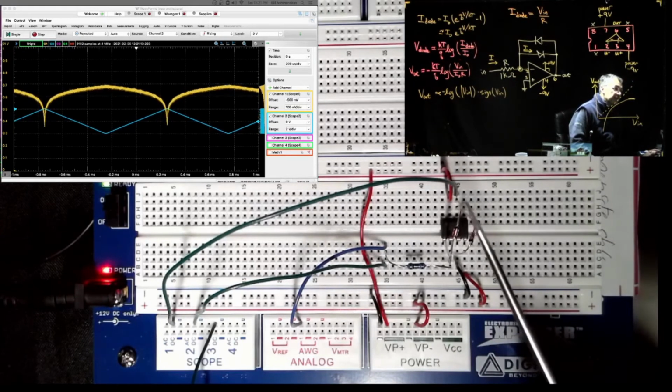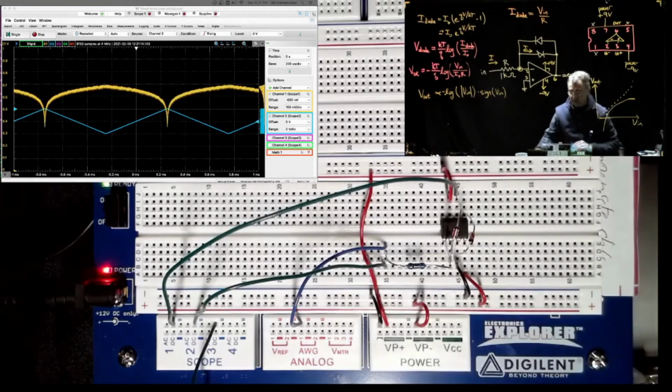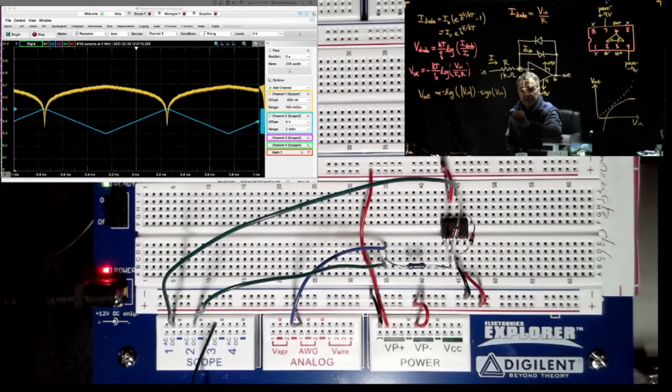And there's a little stripe on the diode package. When you look at the diode, you see a long wire, then a cylinder, then another long wire, and there's always a stripe somewhere. That little stripe corresponds to the negative end of the diode when it's conducting.